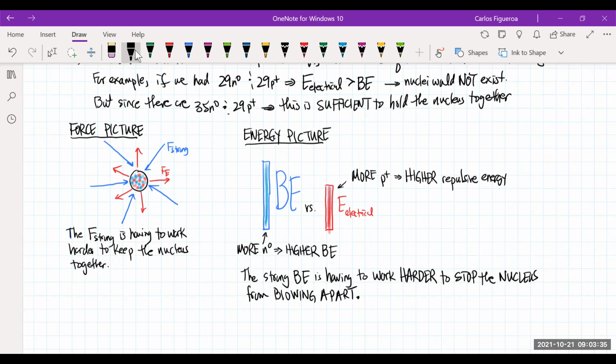Because that's the role of the protons. They want to continue to do what? They want to blow the nucleus apart here.